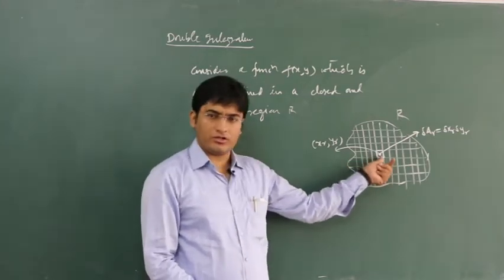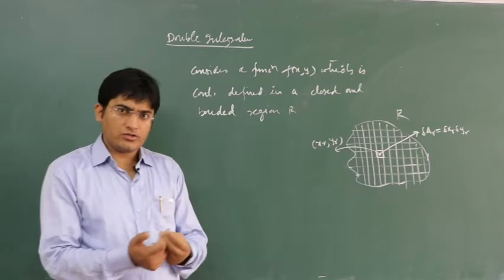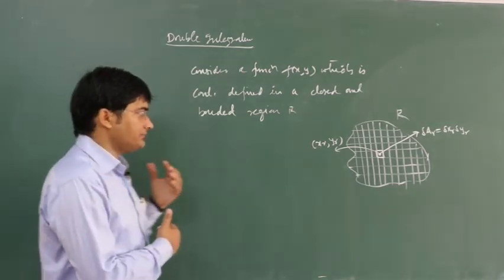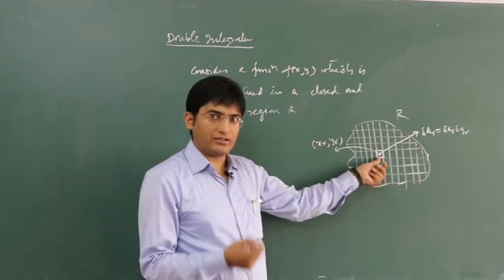Now this is your rth rectangle. If you increase the number of rectangles, then clearly the area of each rectangle will decrease.